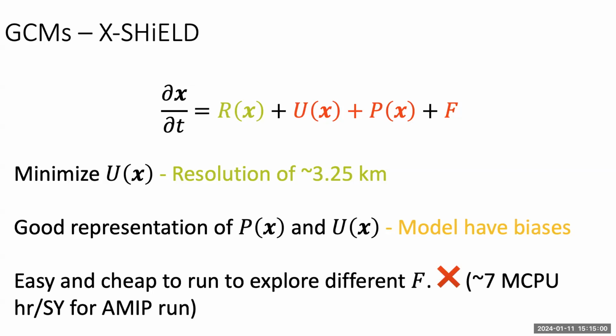Just for an order of magnitude, in order to run 1 year of AMIP, you need to use 7 million CPU hours, which, if I compare it to running a fully coupled model at a relatively high resolution, about 50 kilometers, I just looked around, means that with the same CPU time you can run 400 years of a fully coupled Earth system model.